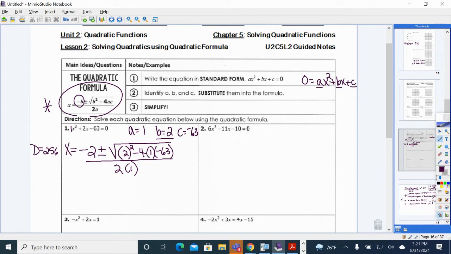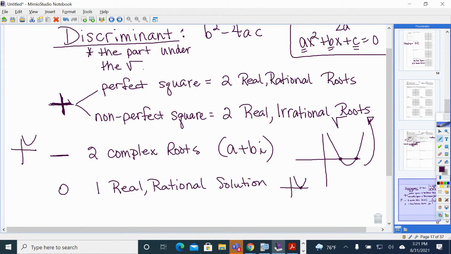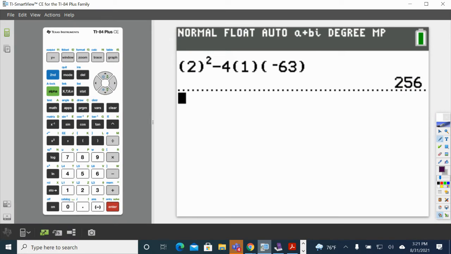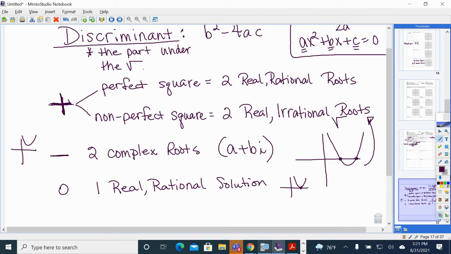The discriminant here is positive. Now, is it a perfect square or is that a non-perfect square? Well, let's check. What is the square root of 256? It's equal to 16. So what that tells me is I'm going to have some nice, pretty answers. These are going to be rational. It is a perfect square. I'm going to have 2 real rational roots.